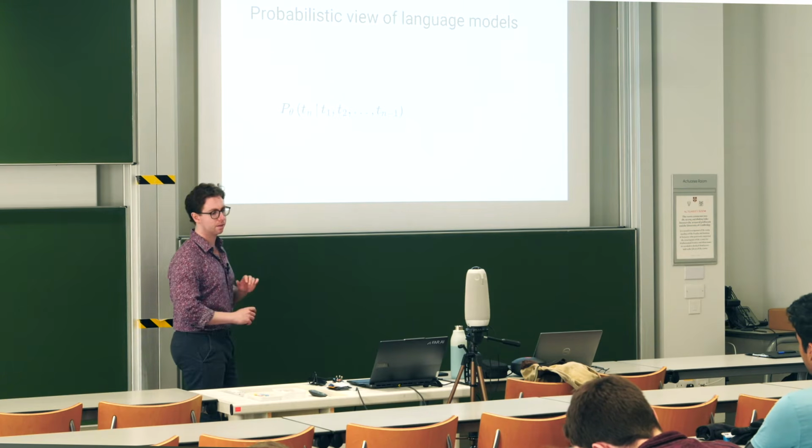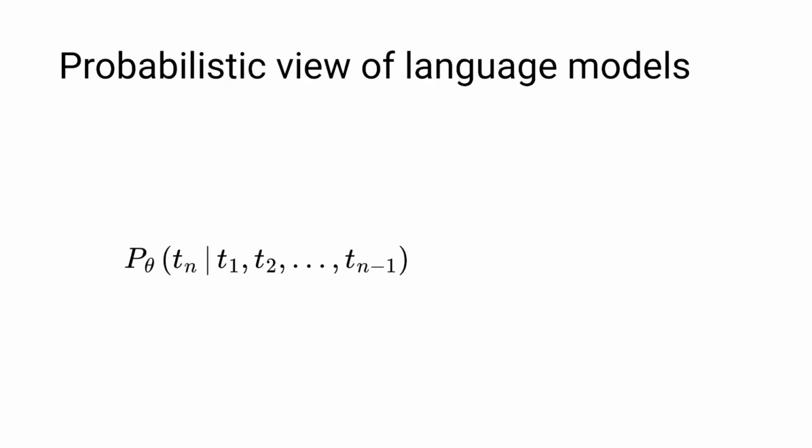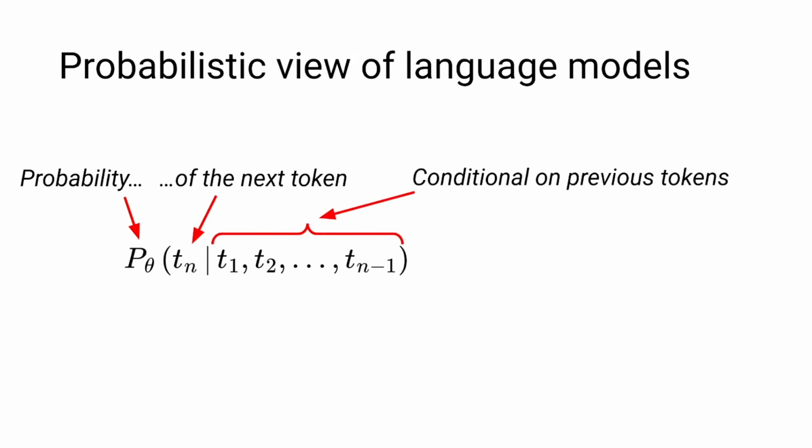Okay, great. All right, so let's put some maths behind this probabilistic view that we're developing. So this is how I'm going to denote my language model: P_theta(T_n | T_1, ..., T_{n-1}). So what do these different symbols mean? The P is capturing that it's a probability. I have a probability of the next token, so T_n is the next token in my sequence, conditional on all of the previous tokens.